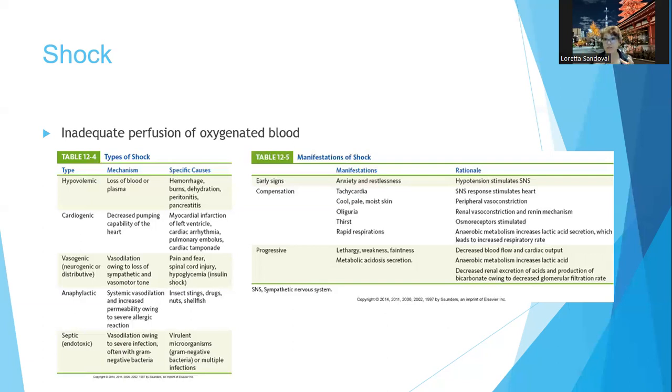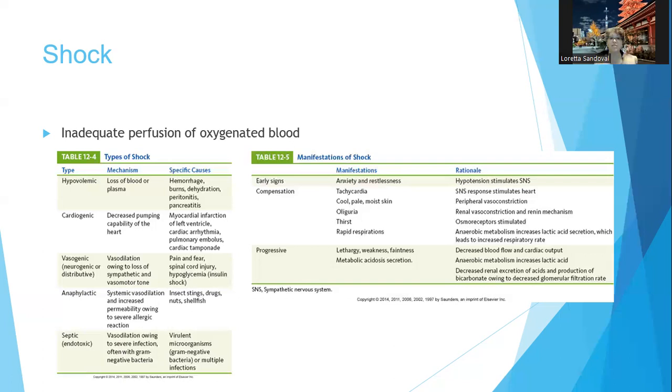Thirst, because we're lacking fluid. And rapid respirations, because we're not getting oxygen to the cells. So anaerobic metabolism increases lactic acid secretion, which leads to an increased respiratory rate. So all of those things are compensating for the fact that we don't have enough oxygen or oxygenated blood in our system.